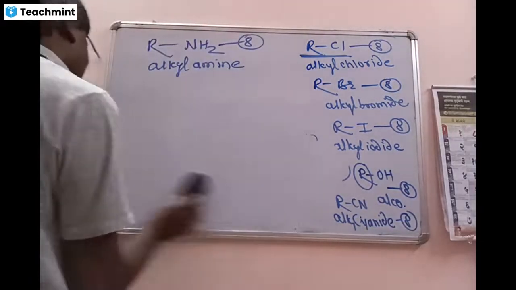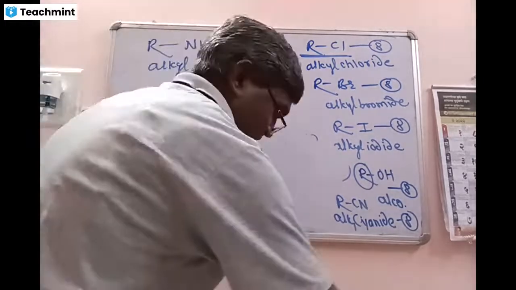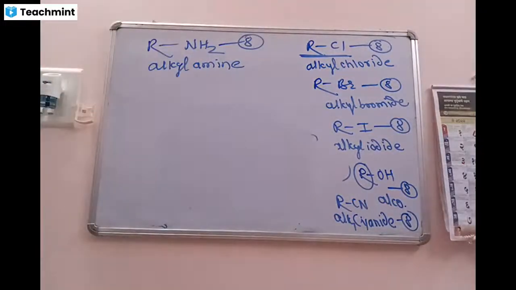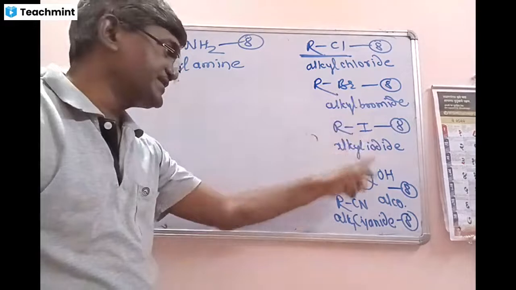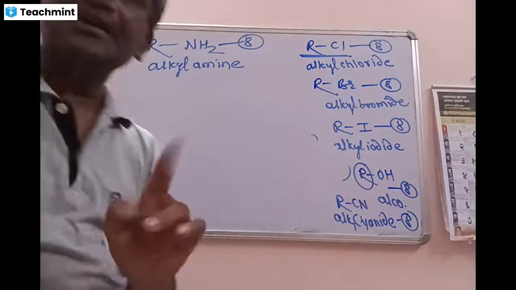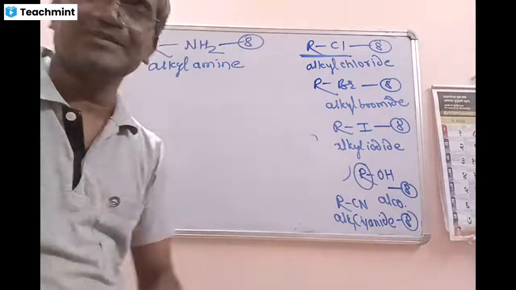So in all 6 फंक्शनल ग्रुप हमने यूज किया है, और यहाँ पे जितने फंक्शनल ग्रुप लगाए उसका वैलेंसी एक ही था. फंक्शनल ग्रुप का वैलेंसी एक ओपन था, अल्किल ग्रुप का भी वैलेंसी एक ही ओपन था.